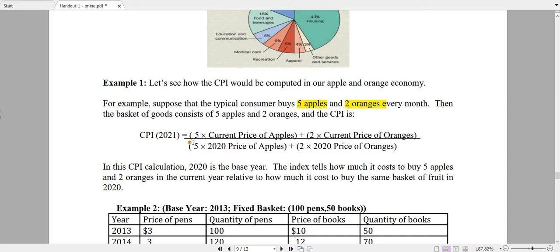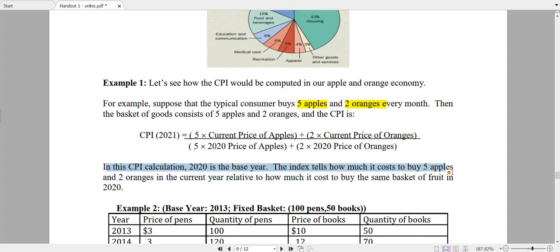So CPI in the current year 2021 will equal 5 times the 2021 price of apples plus 2 times the 2021 price of oranges, divided by 5 times the 2020 price of apples plus 2 times the 2020 price of oranges. In this CPI calculation, 2020 is the base year.